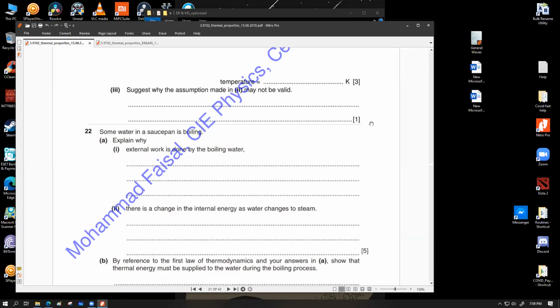That can be expressed as: whenever high energetic molecules leave from the surface of the liquid to be converted into vapor state, the remaining molecules in the container have a lower average kinetic energy, so the temperature of the remaining liquid gets lowered, or they experience a decrease in their internal energy amount. That's for the scenario for the process of evaporation.